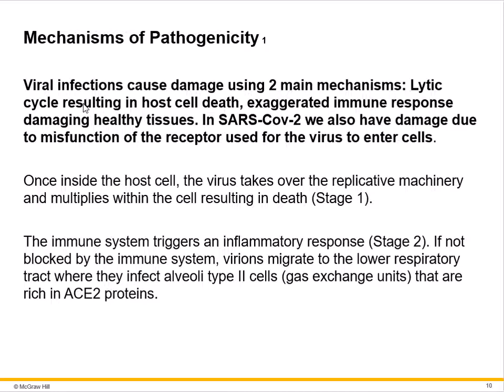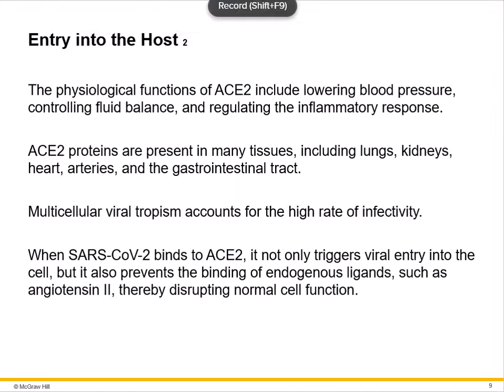And the last, and the one that we are still gathering more information about: since SARS-CoV-2 uses an important receptor to enter the body, the physiology of this receptor, once the virus has infected the body, changes. So that can also cause damage. So to recap, lytic cycles, the immune system, and malfunction of the receptor used to enter the body can cause problems during COVID-19.